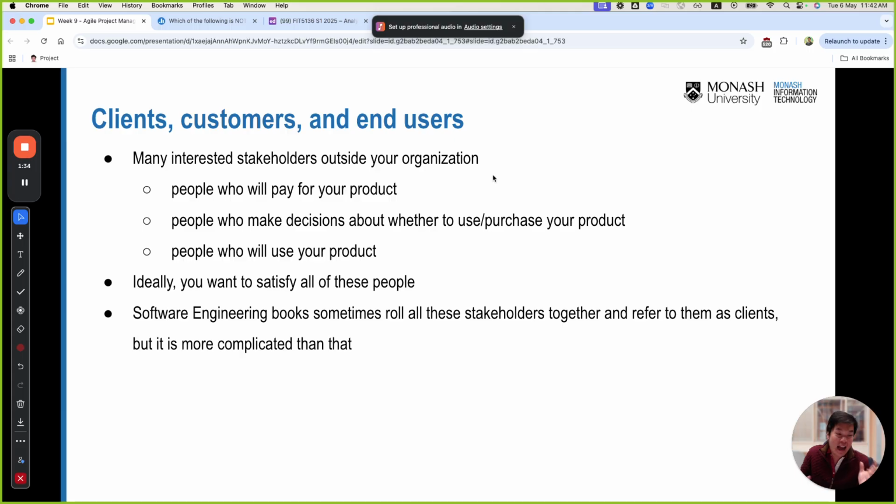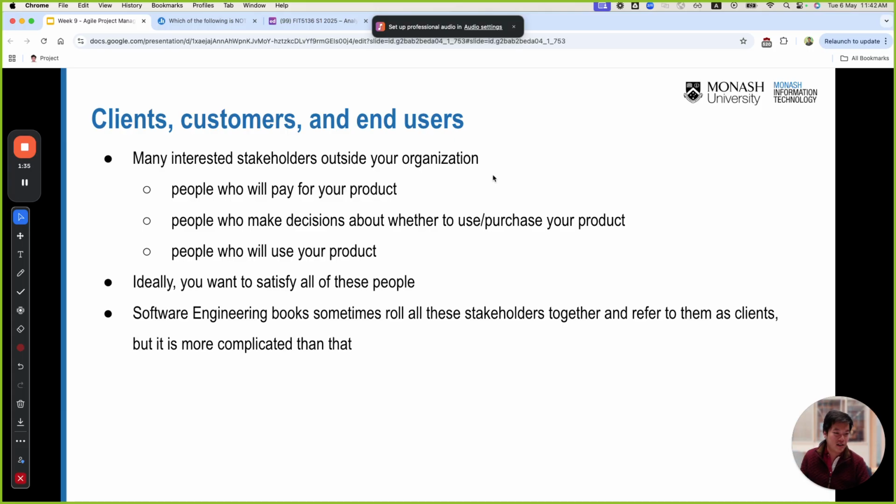Ideally, we want to satisfy all of these people. But sometimes we can't. That's a constraint. We cannot satisfy everyone. So sometimes software engineering books roll all of these stakeholders together and refer to them as a client, because a client could be a stakeholder, customer, end user, whatsoever. Sometimes it's too complicated, so we just combine them.